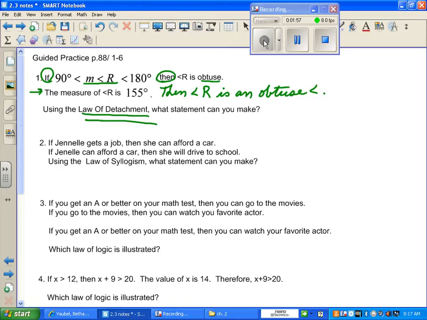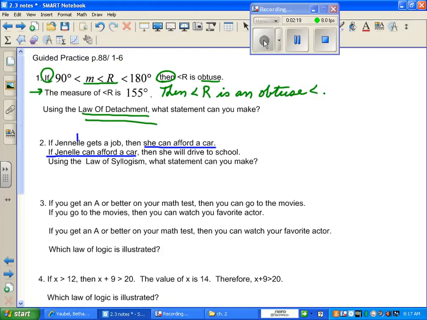Number 2, if Janelle gets a job, then she can afford a car. If Janelle can afford a car, then she will drive to school. Using the law of syllogism, what statement can you make? When you read this out loud, you actually hear yourself saying she can afford a car twice. That is your linker.